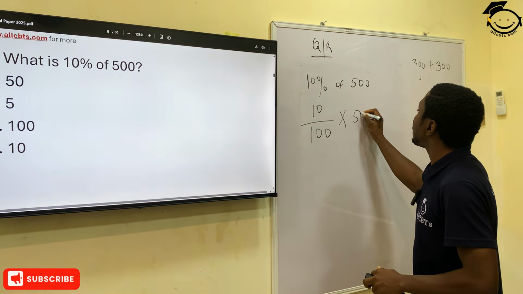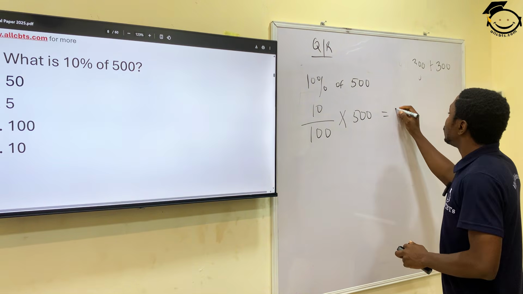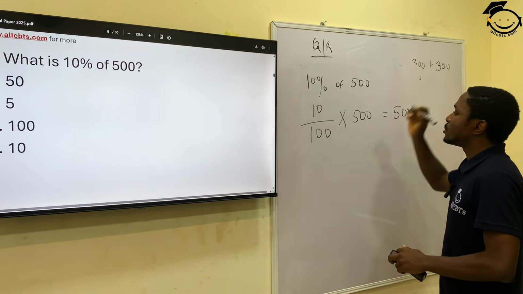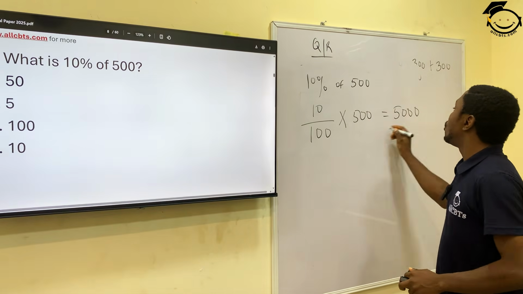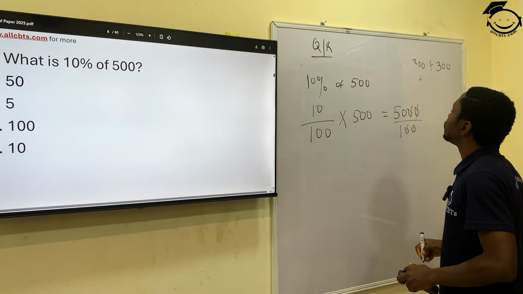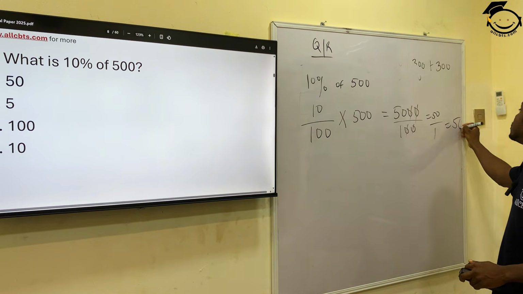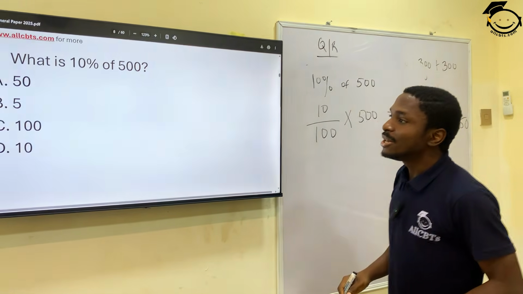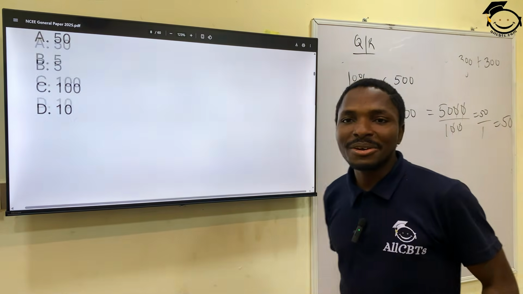So times 500, which will be simply 10 times 500, which will be 5,000. Just add one more zero to 500. So that's 5,000 over 100. So 0 cancels 0, 0 cancels 0. What you have is 50 over 1, which is the same thing as 50, right? So what is 10% of 500? It is 50, all right?